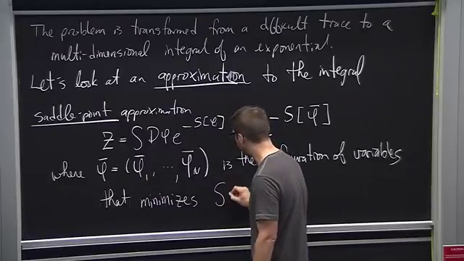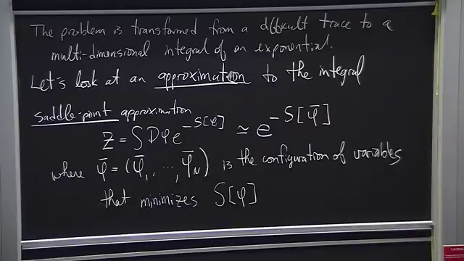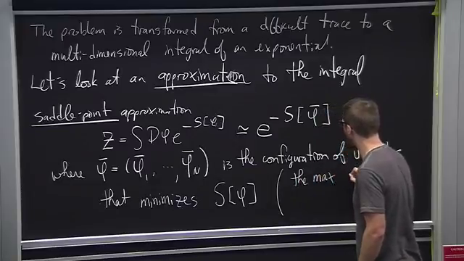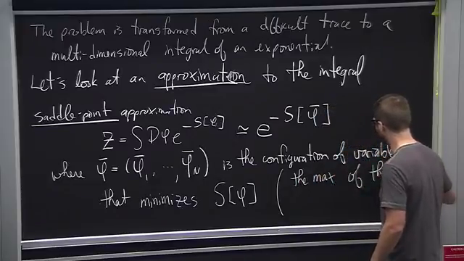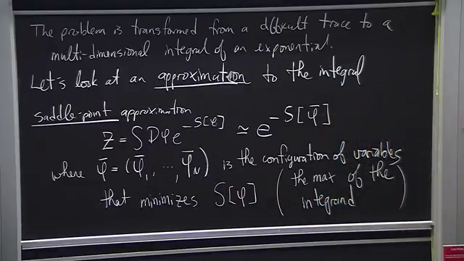So it has to minimize the action, because you have e to the minus S. So it's the maximum term that occurs in the integral. There's nothing saying that this is a good approximation, but it's just the simplest one you can do.